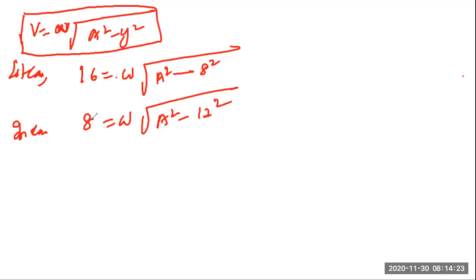Take square on both sides. The answer for amplitude will come plus or minus 13.06 centimeter. That means it goes maximum 13.06 on this side, and the opposite side also. This is the mean position. Both sides it can go. That's the answer.